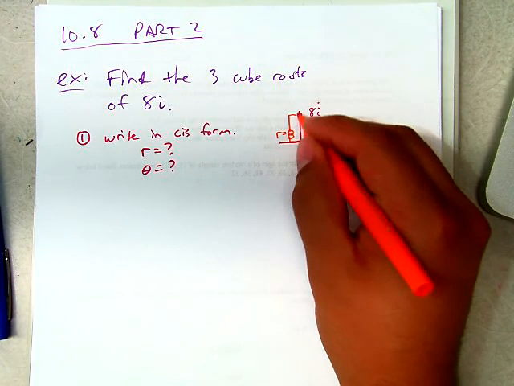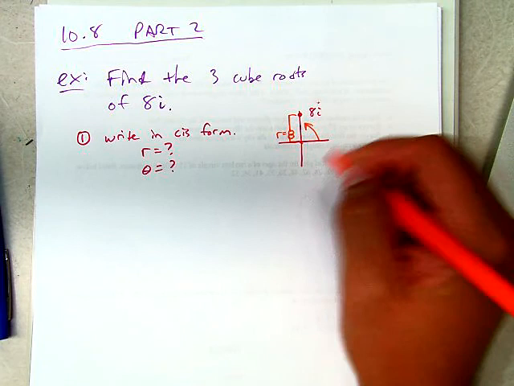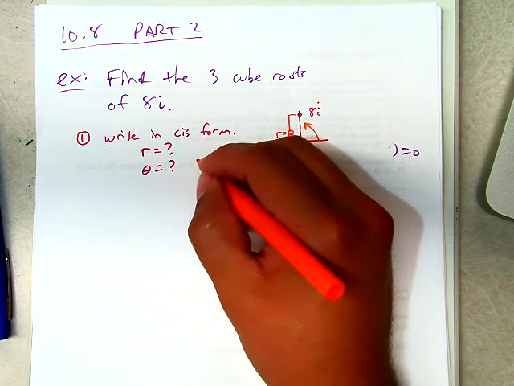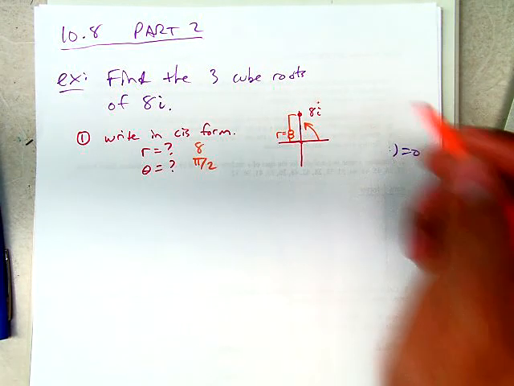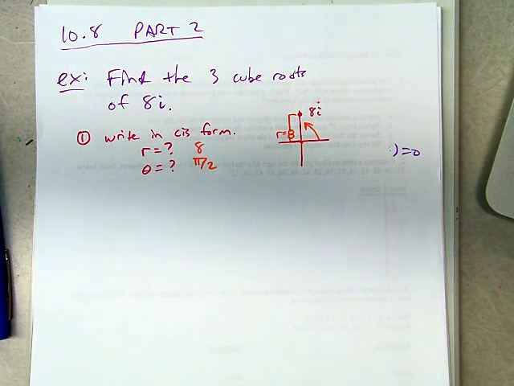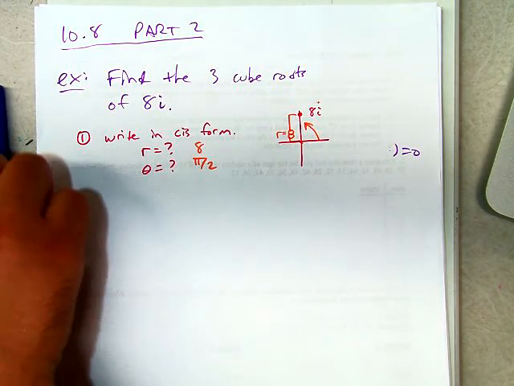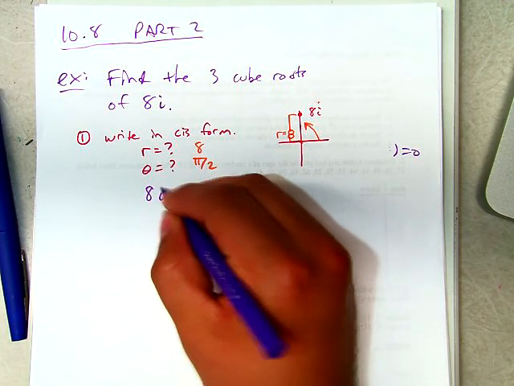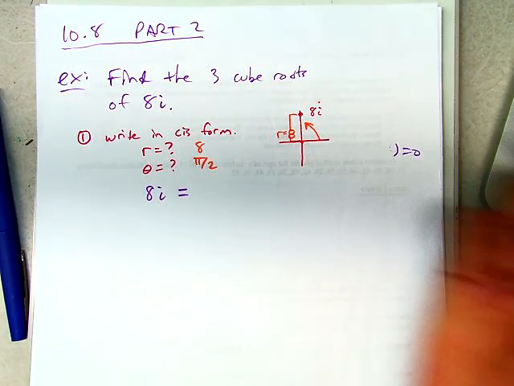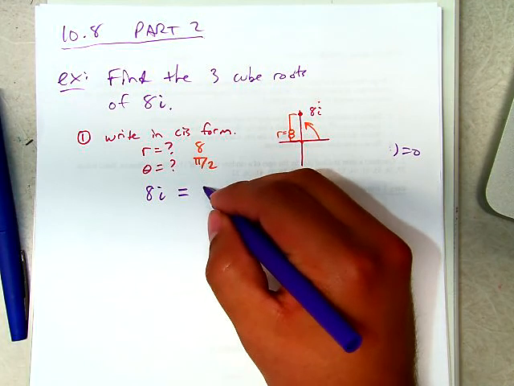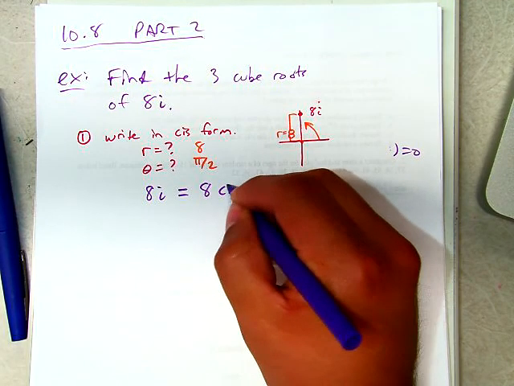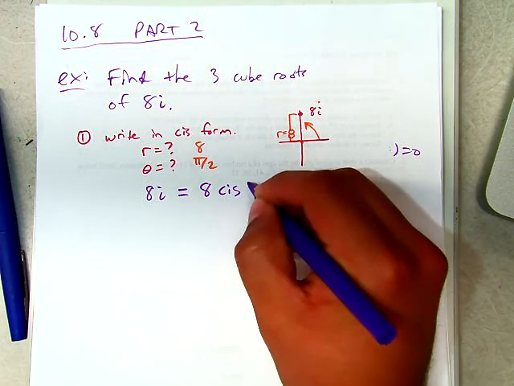And what angle gets us to this point? It's pi over 2. So now, in CIS form, we'd say that 8i is the same as 8 CIS pi over 2.